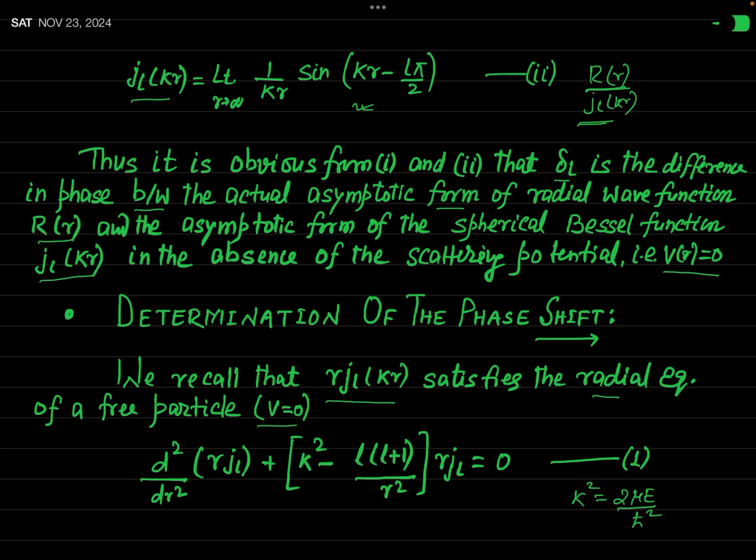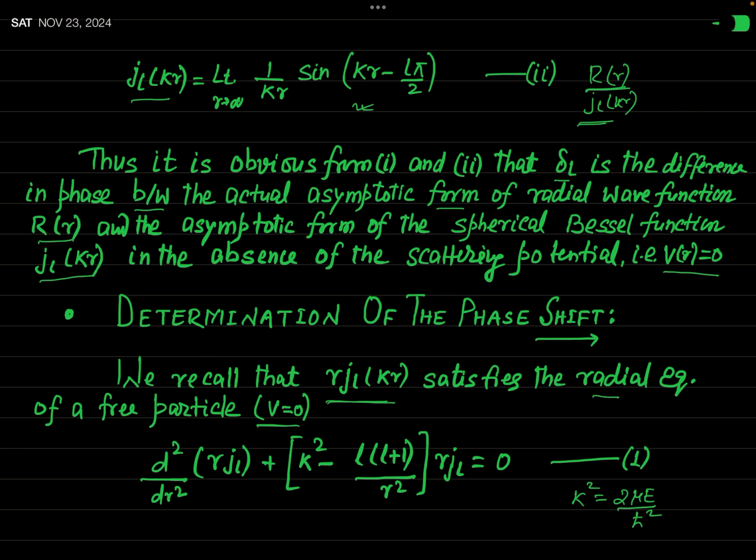When you say free particle, what does it mean? A particle which is in a field-free region. That is, in case of a free particle, you know the potential energy is zero. So simply this function r times j_l of kr satisfies the radial equation.